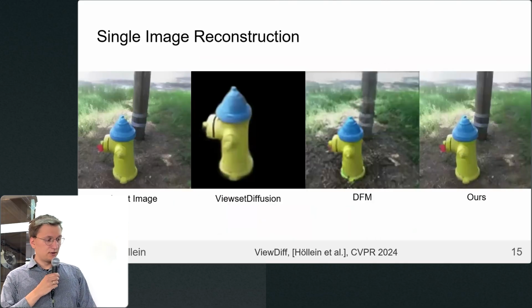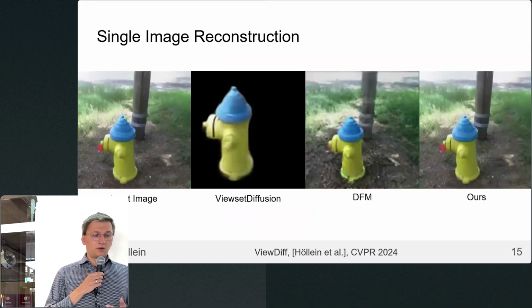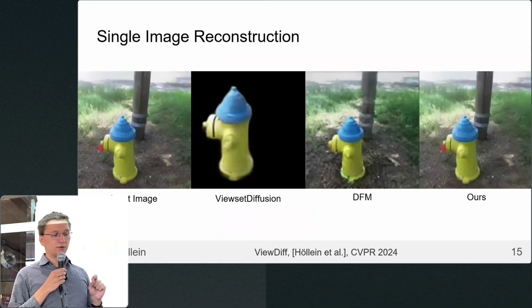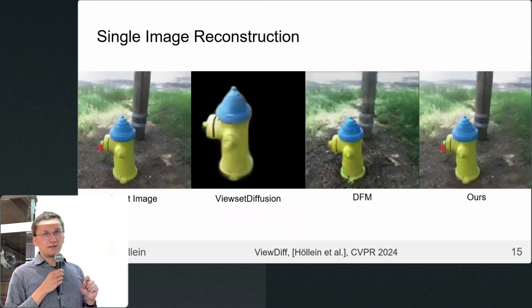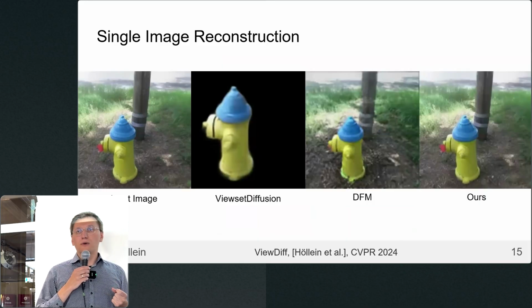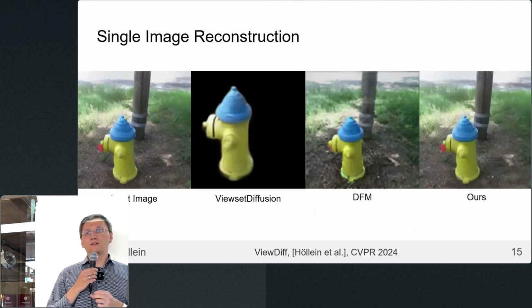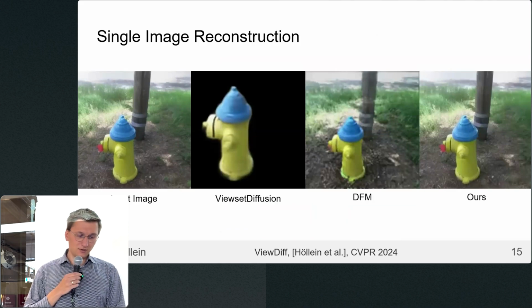And what can we do with this? This is an example of, given a single input image, we generate more views around the scene. And the baseline methods actually are 3D methods that render down images, whereas ours only generates the images in a 3D consistent fashion.